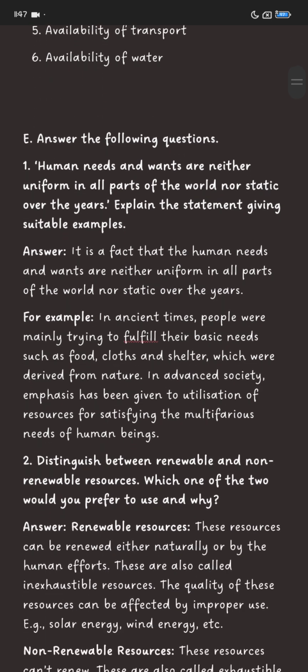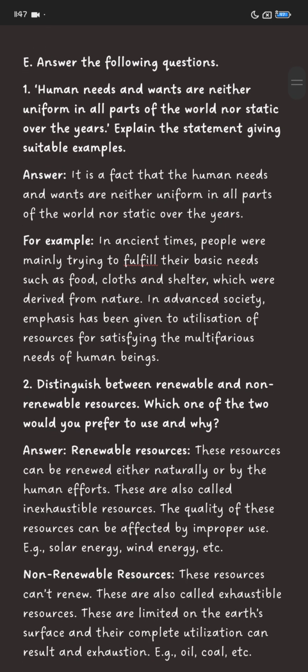Answer the following questions. Number 1. Human needs and wants are neither uniform in all parts of the world nor static over the years. Explain the statement giving suitable examples. It is a fact that human needs and wants are neither uniform in all parts of the world nor static over the years.